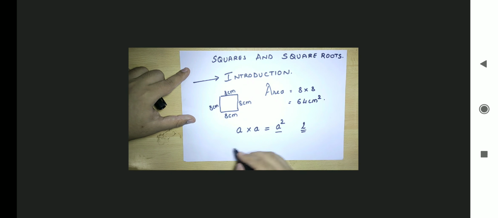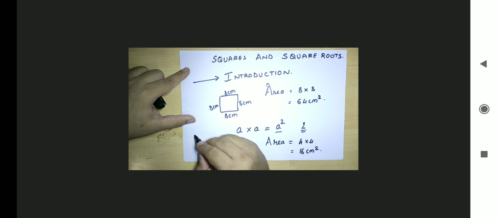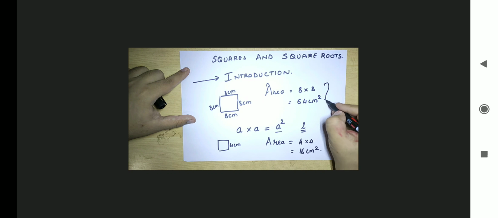Similarly, if we take another square which has a 4 centimeter side, the area according to geometry is 4 multiplied by 4, which gives you 16 centimeter square. This was the basic geometrical idea which you have already studied in the previous class.